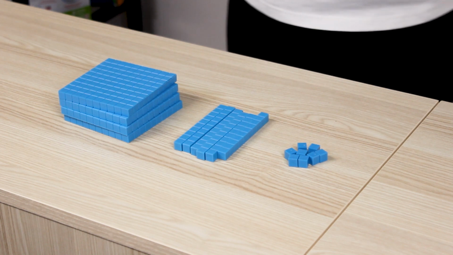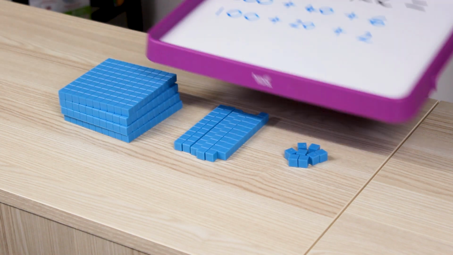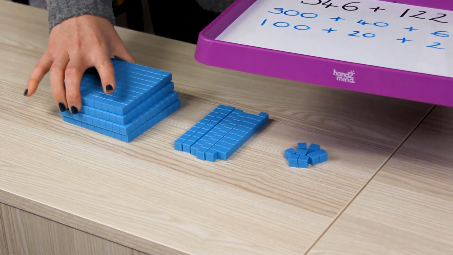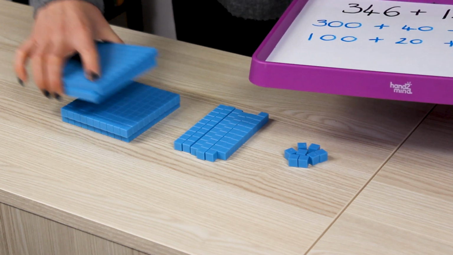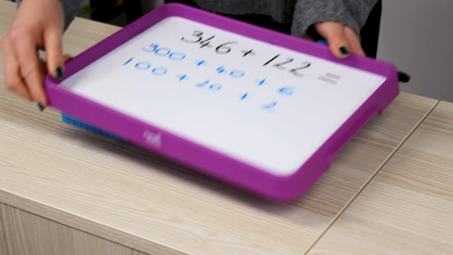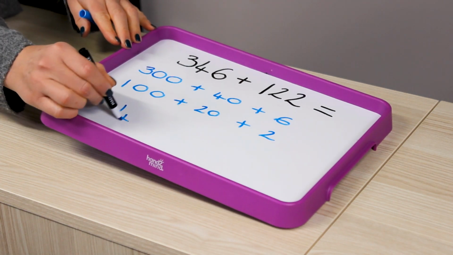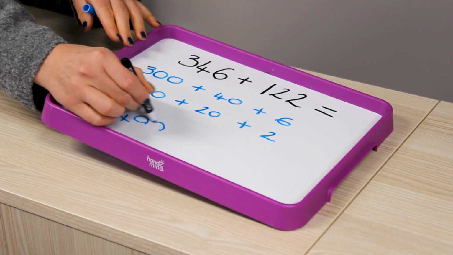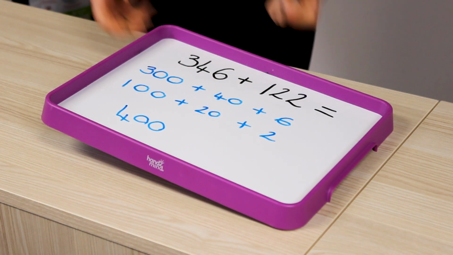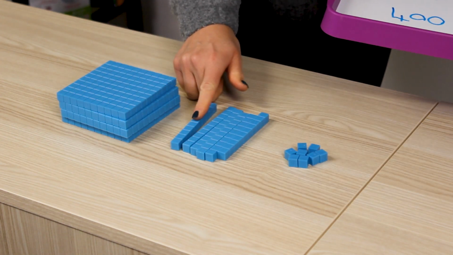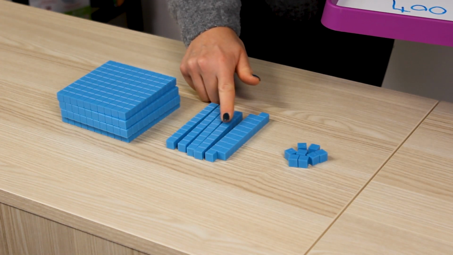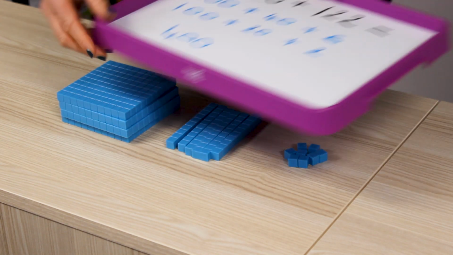And now we can explore writing those down. So we've got our 100, 200, 300, 400. We have got 10, 20, 30, 40, 50, 60.